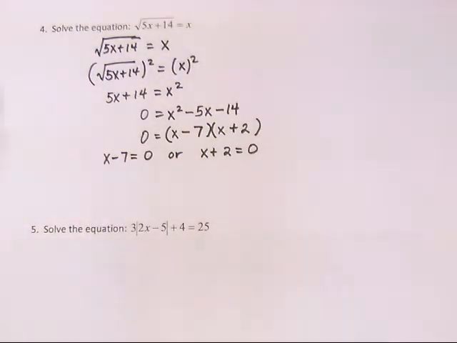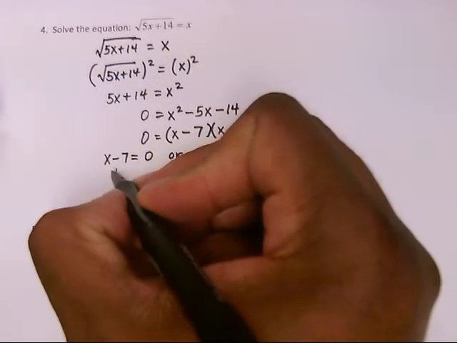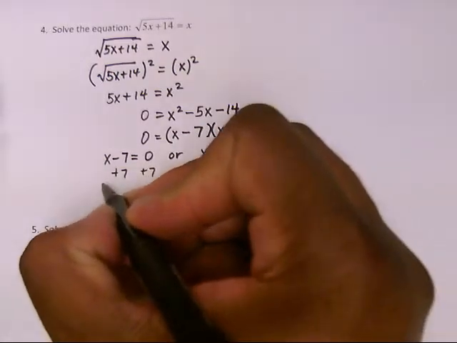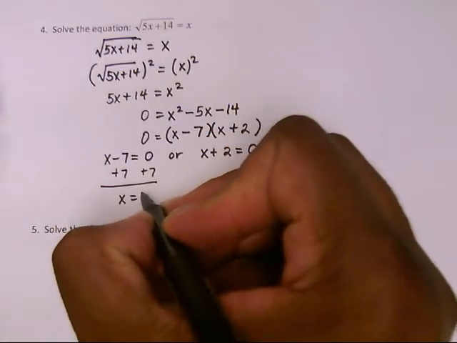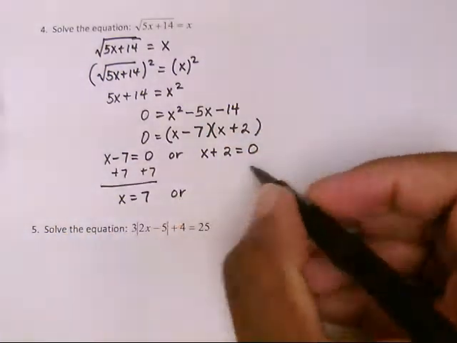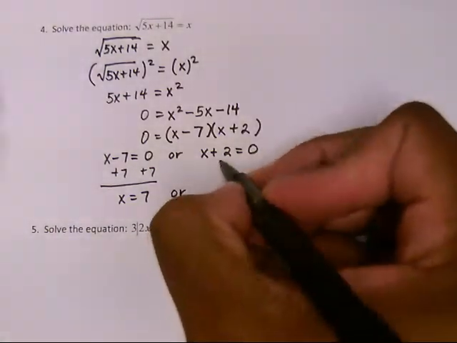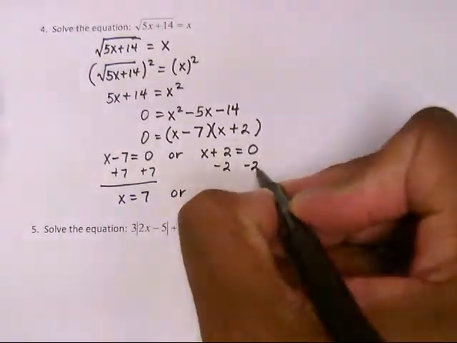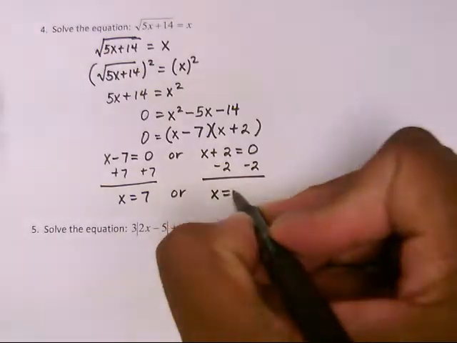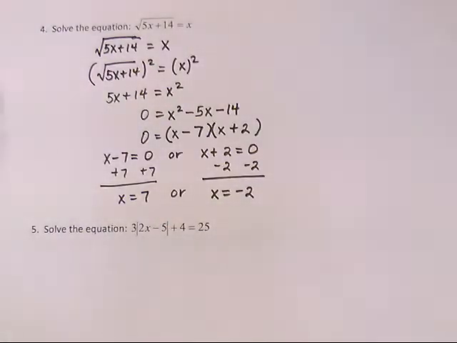So for the x minus 7 is equal to 0, if I add 7, that would mean x is equal to 7. Or for the x plus 2 is equal to 0, if I subtract 2, x equals negative 2. So I have two solutions, x equals 7 or x equals negative 2.